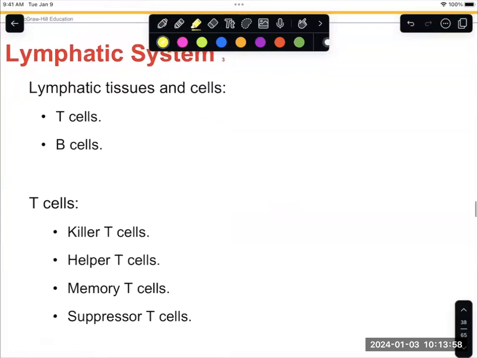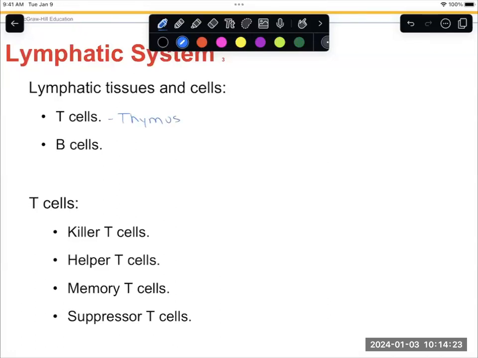So I mentioned those B and those T cells, those lymphocytes. They come into play now with the lymphatic system and our immune system. T lymphocytes or T cells, that T stands for thymus.